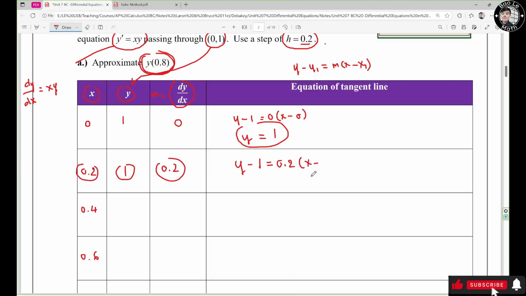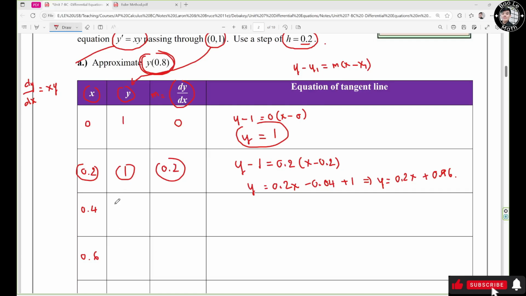Simplifying, y equals 0.2 s minus 0.04 plus 1, so y equals 0.2 s plus 0.96.